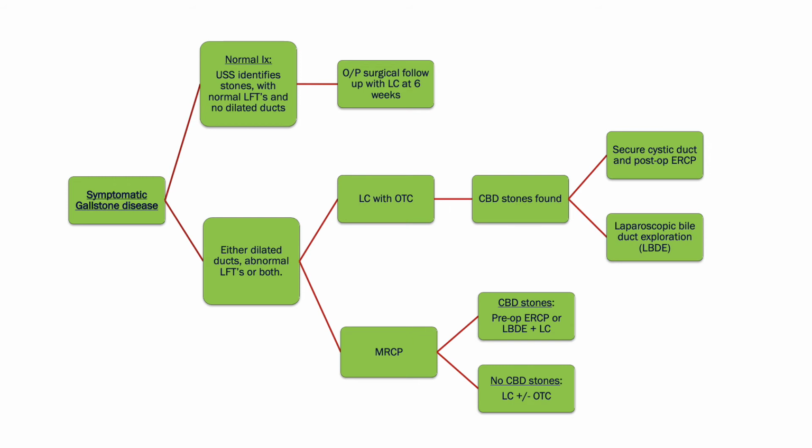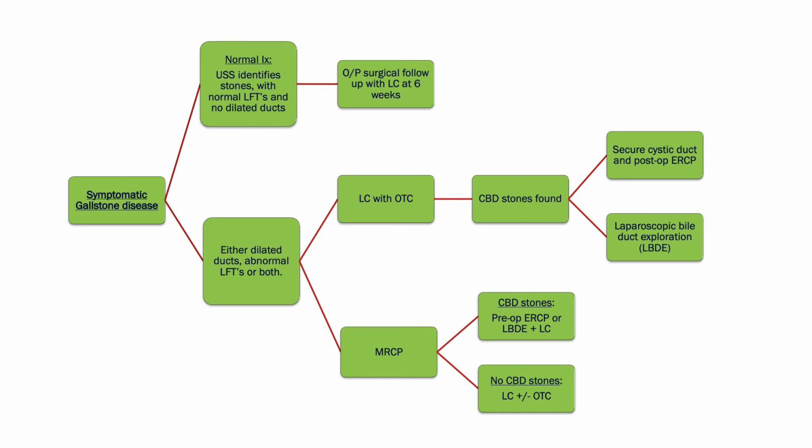They recommend this and that you don't need any preoperative imaging because actually, even if you have both dilated ducts and abnormal LFTs, the chance of preoperative imaging showing you a CBD stone is only around 30%. So it's actually more cost effective to do a lap chole with an on-table cholangiogram.